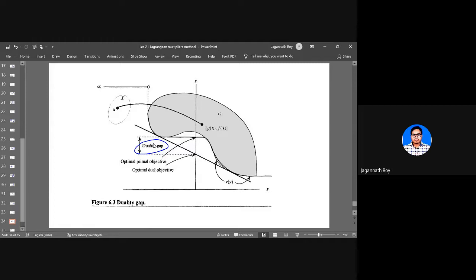But for a linear problem, the duality gap is zero. So here we are having a positive duality gap. This gap is called the duality gap. So there is a lot of mathematics behind this graph.